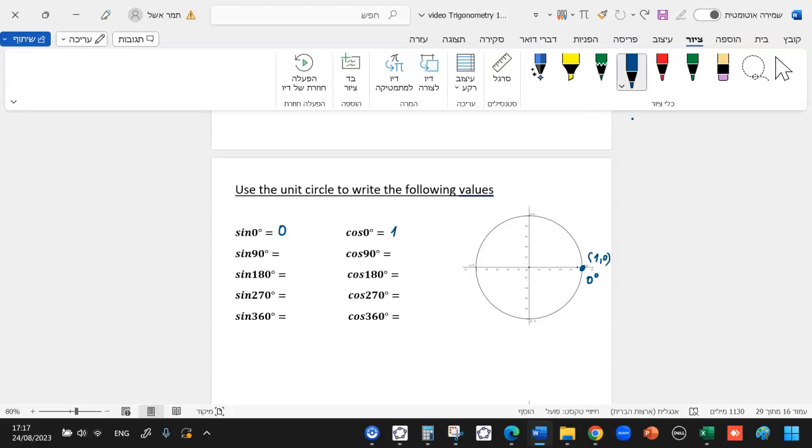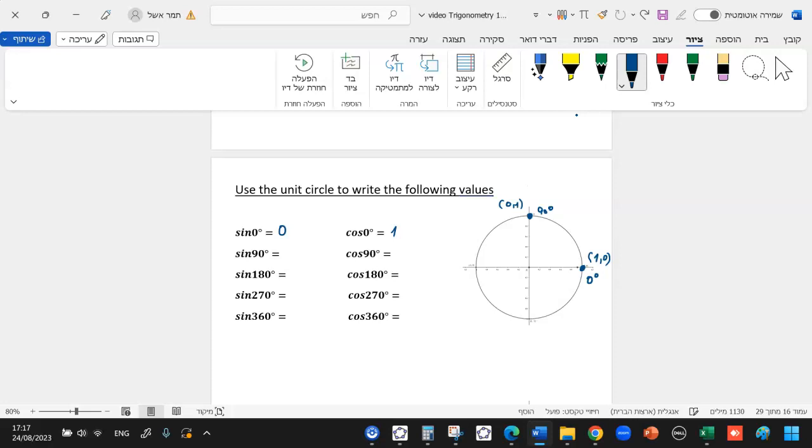Let's go to another point, 90 degrees. What is sine 90 and cosine 90? We are talking about this point for 90 degrees. This point, as we saw before, is 0, 1.